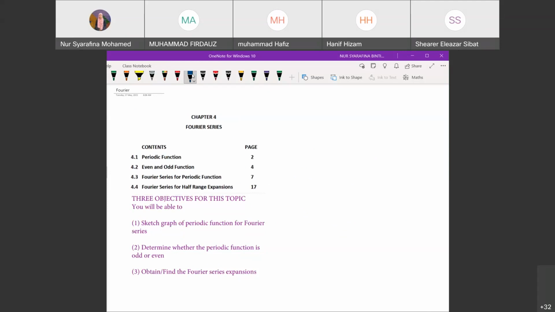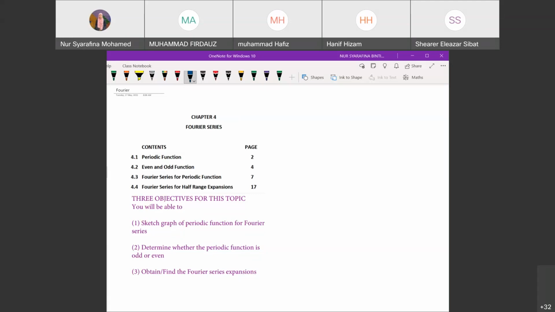Before this we had Laplace transform. After this, not for this syllabus, not for DE, maybe in your engineering application there is the Fourier transform. Before you can use that, we have to know this Fourier series. This Fourier series knowledge will also be used in solving partial differential equations later in chapter 5.